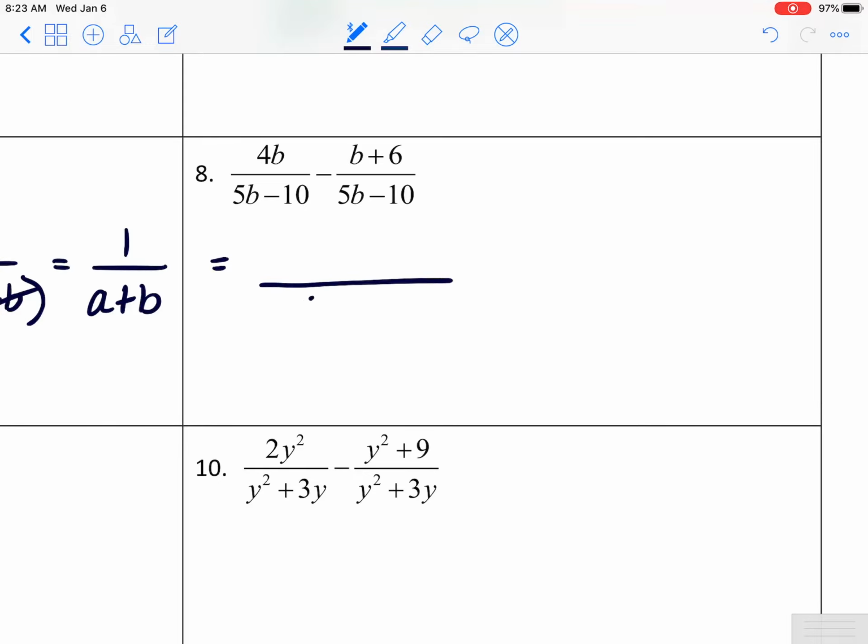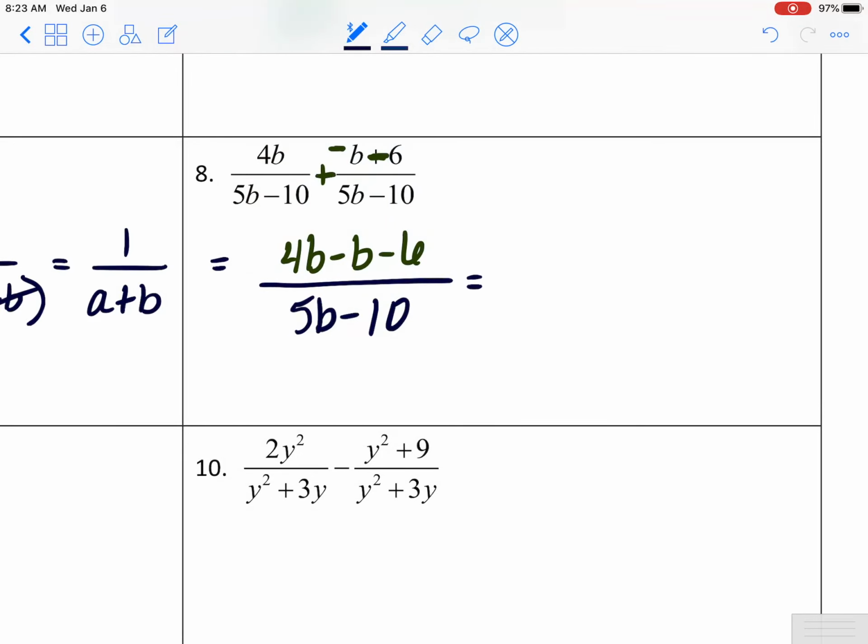All right, number 8. So I'm going to change my subtraction to addition, change this sign, and change this sign. So I really have 4b minus b minus 6.